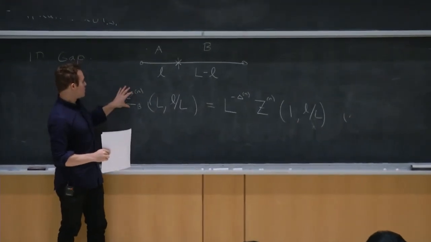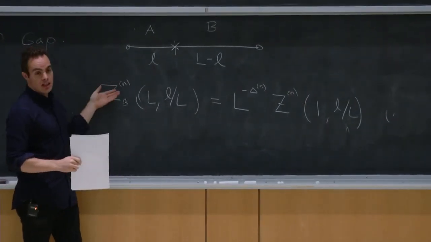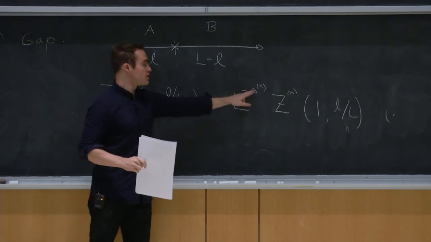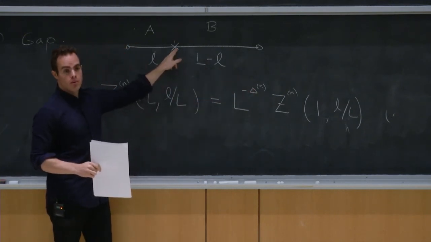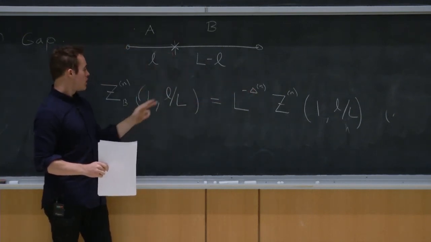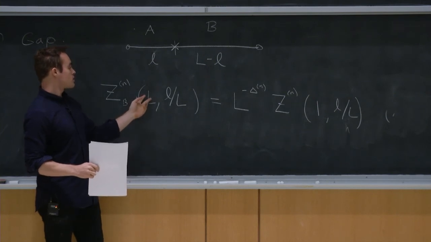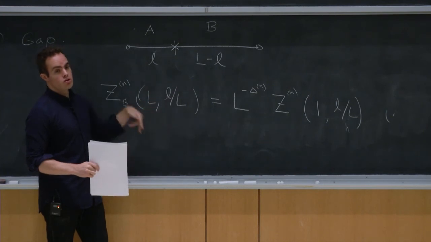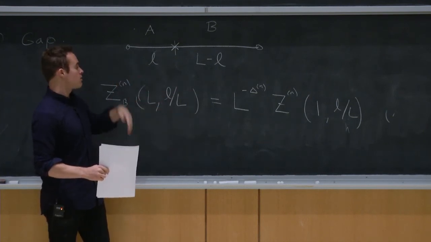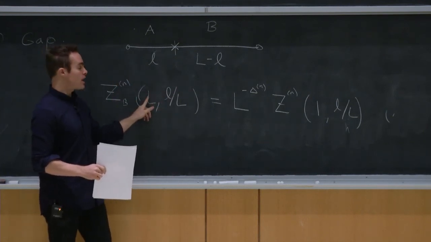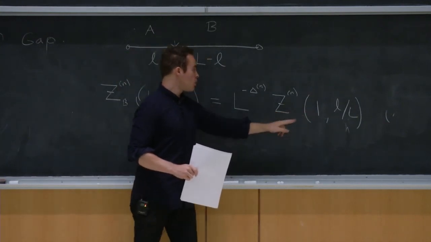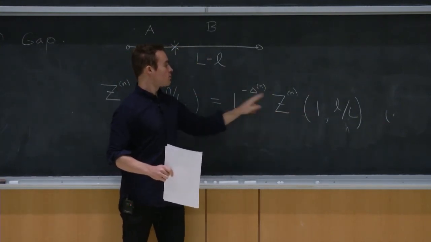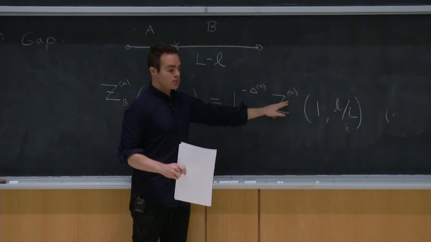This object has definite scaling dimension. It has scaling dimension delta_n because it only comes from one cut, one point. It's a function of something that has dimensions of length and something dimensionless. So you can do a usual scaling transformation by rescaling everything by big L. That sets this to 1, but then you pick up a factor of the scaling dimension here.